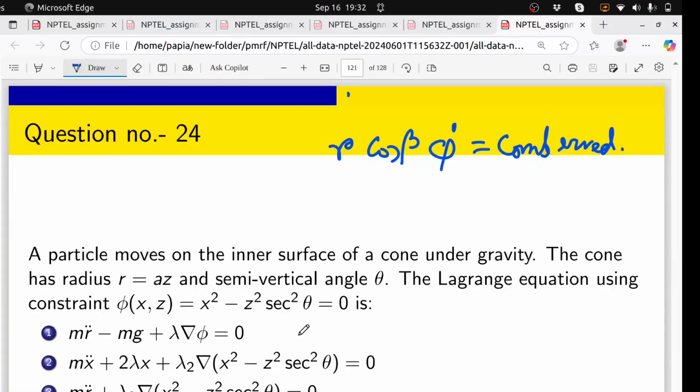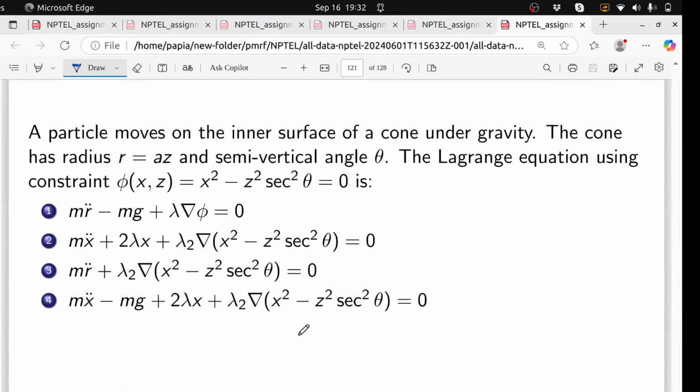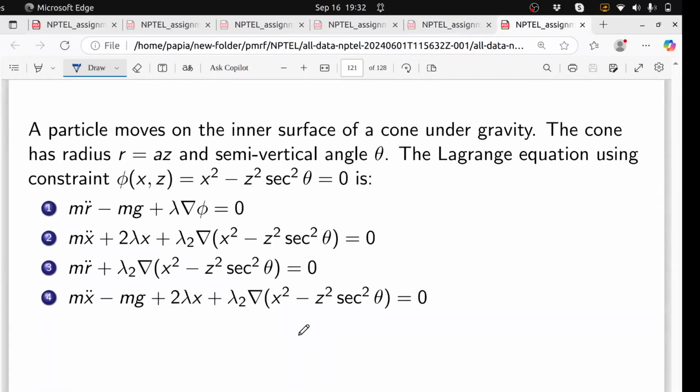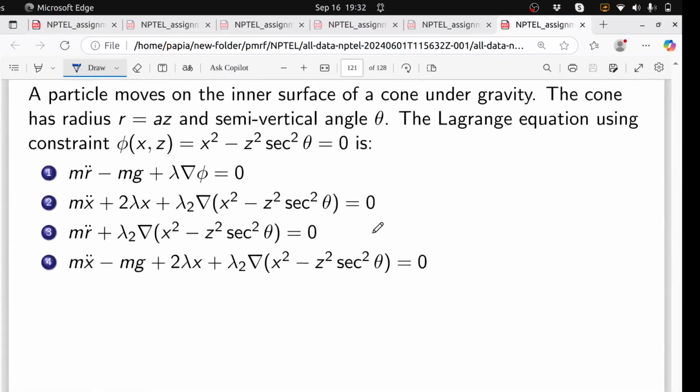Now coming to the 24th question. A particle moves on the inner surface of a cone under gravity. The cone has radius r equals a z and semi-vertical angle theta. The Lagrange equation using constraint: what is the constraint given here?